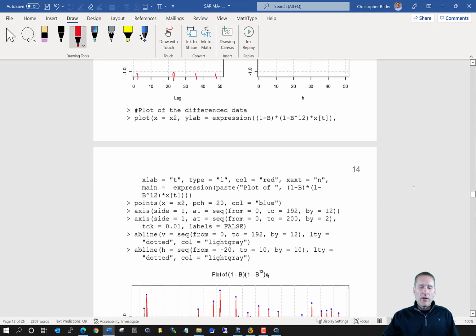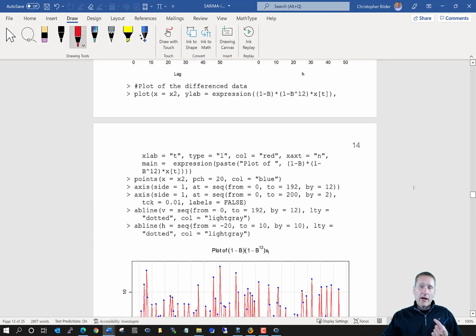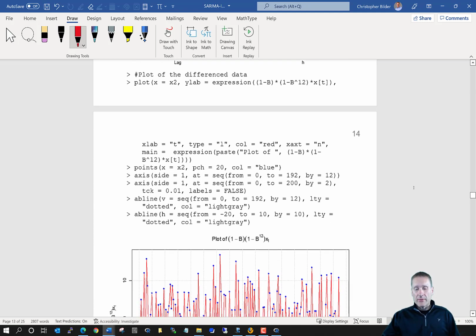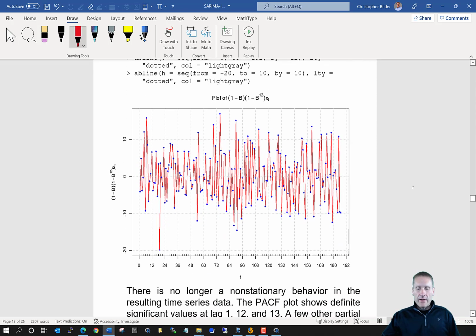So now let's do a plot of this difference data. This is what we get. The plot is drawn in the same way as what we've seen before, but now I'm working with the x2 object. And what we see is that we no longer really have non-stationarity in the mean that we had previously. Also, we don't have problems with non-stationarity in the variance.